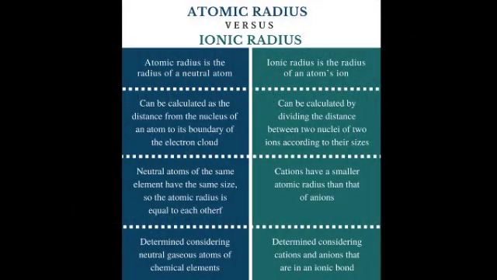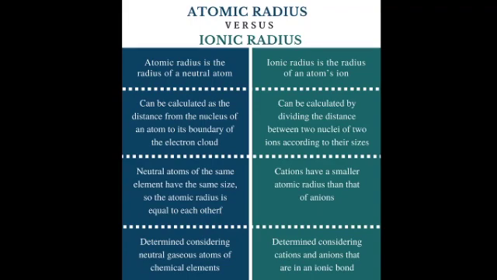Then what are the differences between atomic radius and ionic radius? Atomic radius is the radius of a neutral atom. Ionic radius is the radius of an atom's ion.